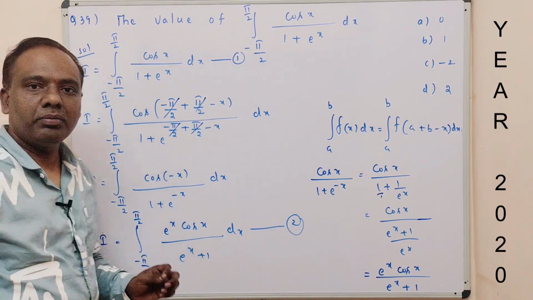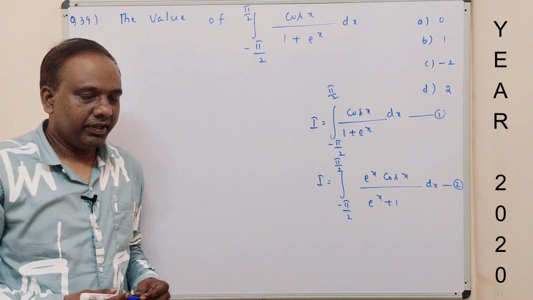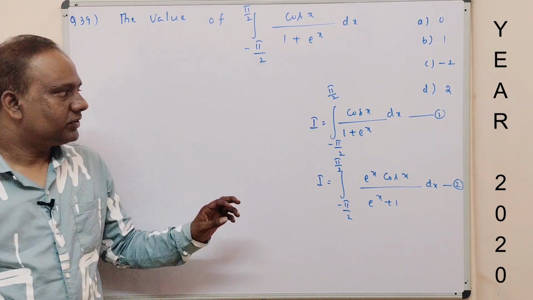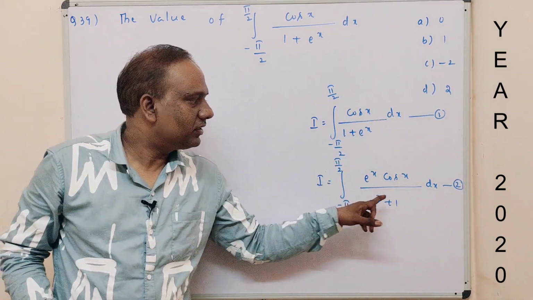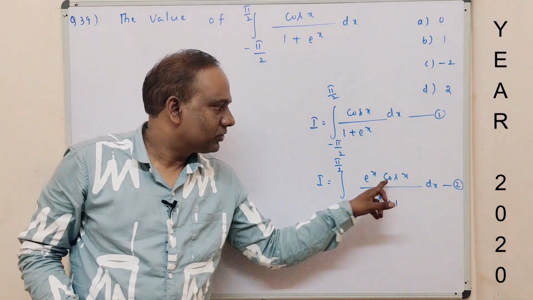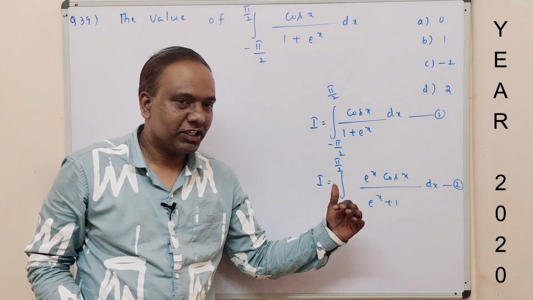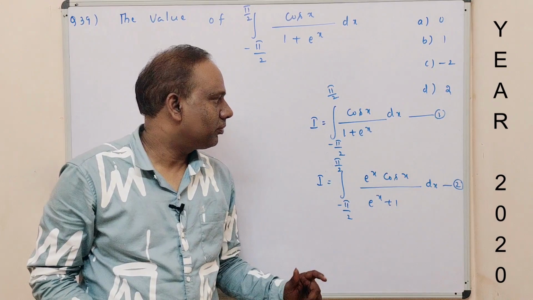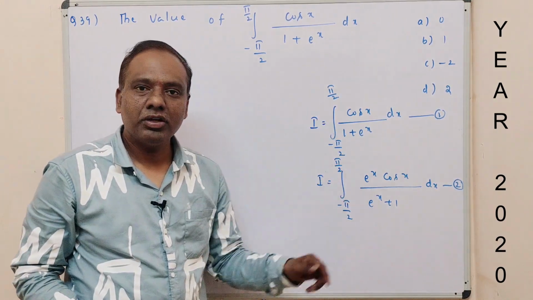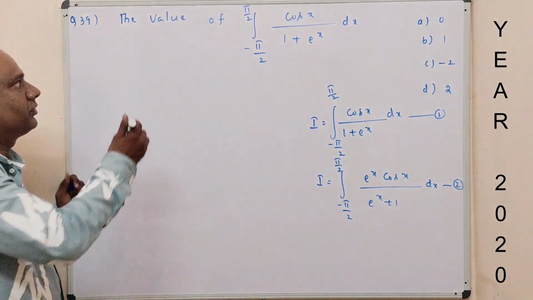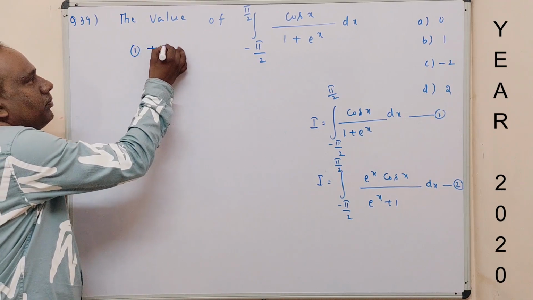This is equation number 2. Okay, now I continue here. So this is equation number 1 and this is equation number 2, which I already explained before. Now adding equation number 1 and equation number 2.